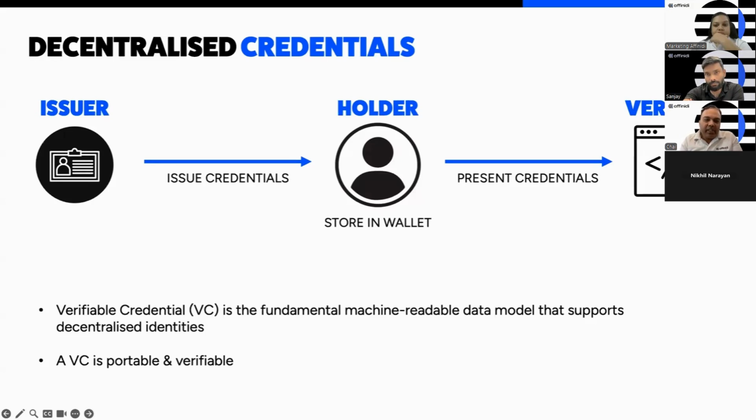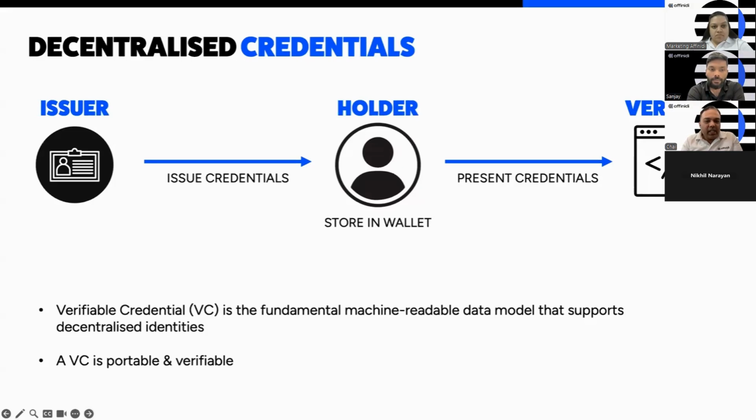A verifiable credential is a digital equivalent of any physical credential that you own in the physical world, right? Just like a physical document that you carry with you, you can carry this VC with you. A physical document might contain security features such as holograms, for example, and a VC also has security in place. It's a simple JSON in a particular style, and we'll see how it looks in a moment.